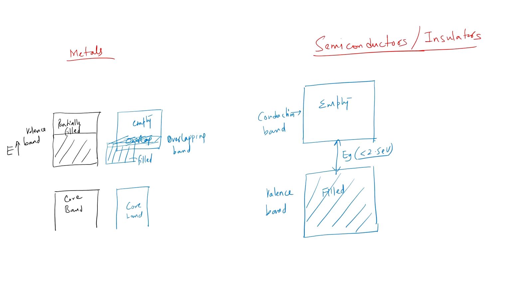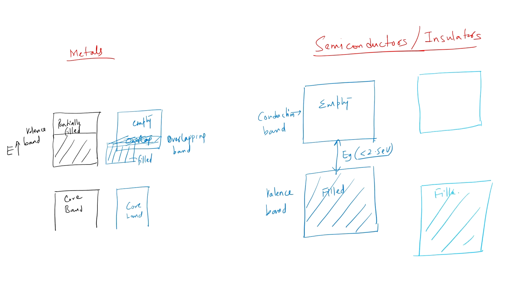Okay. For insulators, it will be a little different. For insulators, it will be an empty band followed by a large gap. So, we have a filled band here, this is again the valence band, this is the conduction band, empty, of course, at 0 Kelvin, and this gap is larger than 2.5 eV in the case of an insulator.